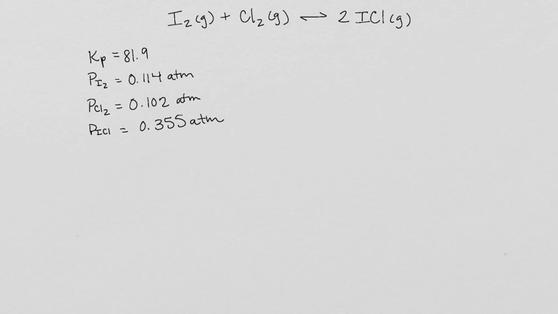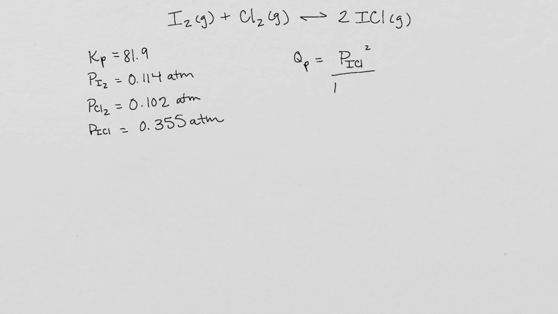So how do we evaluate what Q is and what the direction of the reaction is? We can set up our reaction quotient expression. We've got Q, and we have to put the pressure of the iodine chloride, and that's squared.